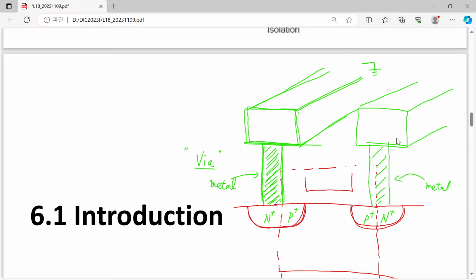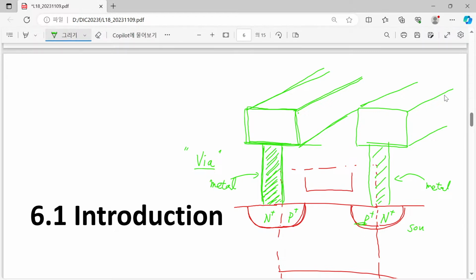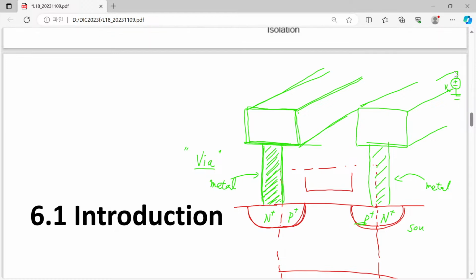Or, for example, let's say that in the same transistor, your drain is connected to the VDD, or let's say that this is now the source of your PMOSFET, then that is connected to your VDD eventually.